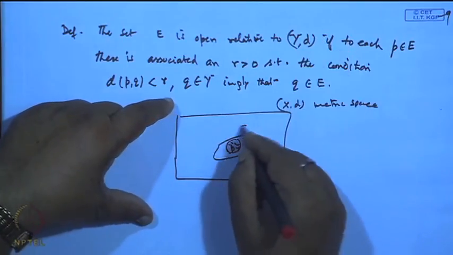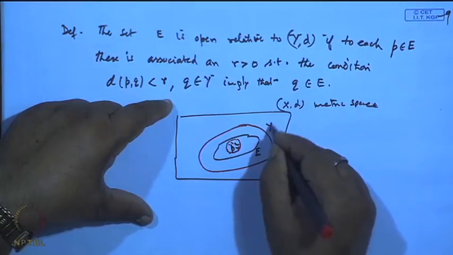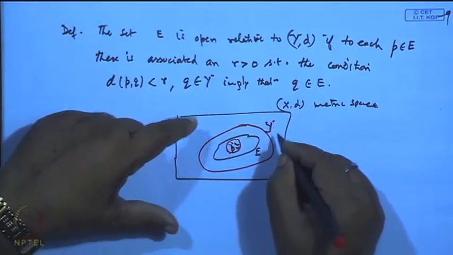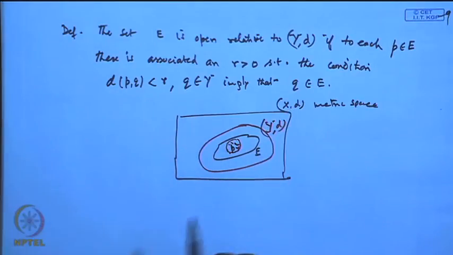But when you say this is our Y, a subset of X, it is also a metric space with respect to d.